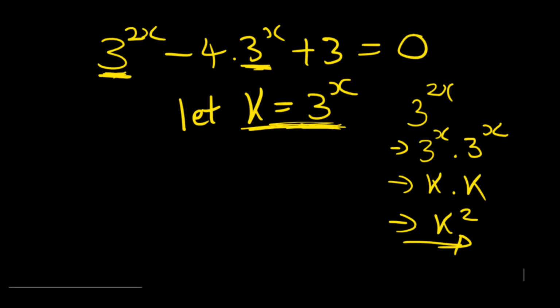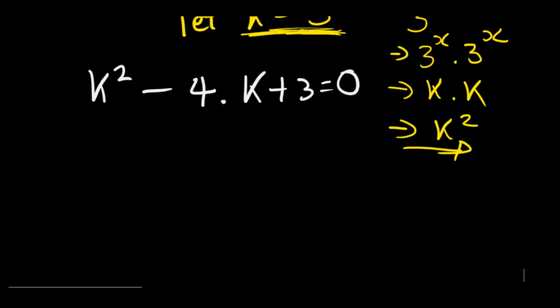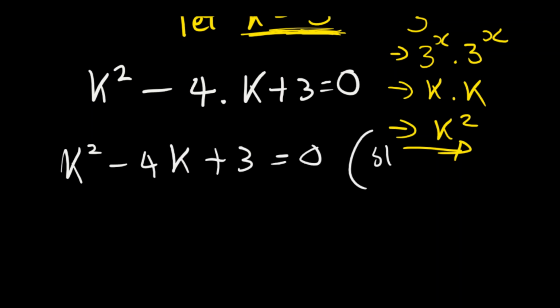So it's going to be k squared minus 4 multiplied by k plus 3 equals 0. And from here, it's actually a standard form of equation: k squared minus 4k plus 3 equals 0. So now you factorize.